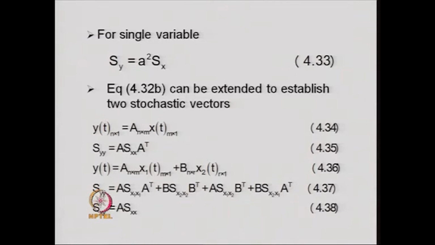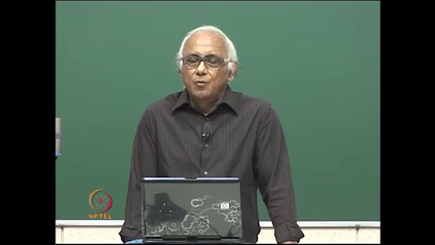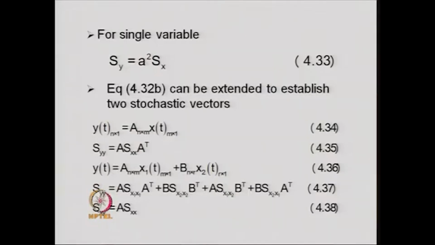Now, this can be further extended or generalized to equation 4.36, where a vector of random processes y is a weighted summation of two random vectors x1 and x2 by the coefficient matrices A and B. Then the power spectral density function matrix of y is given by A Sx1x1 At plus B Sx2x2 Bt plus A Sx1x2 Bt, that is the cross power spectral density function of x1 and x2, where A comes as a prefix and Bt is post multiplied.